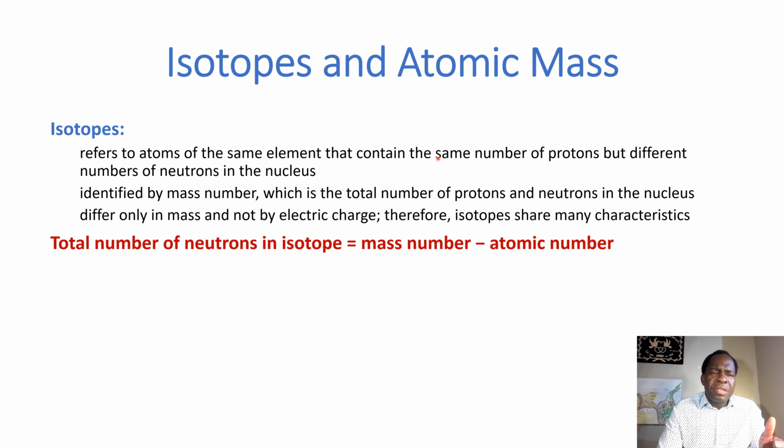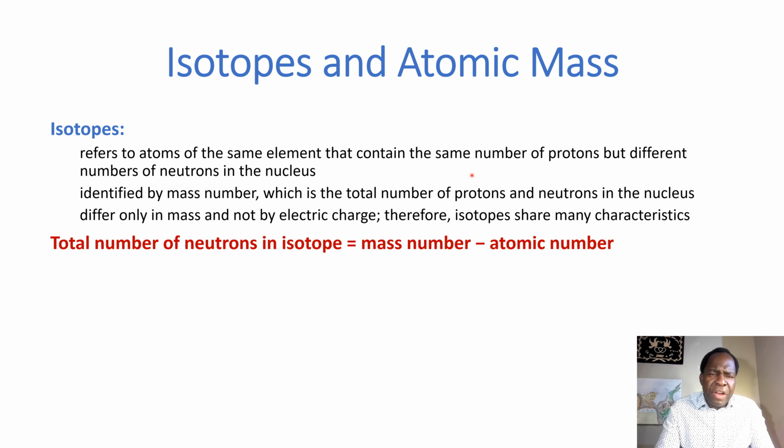Isotopes refer to atoms of the same element that contain the same number of protons but a different number of neutrons. Isotopes are also identified by mass number, which is the total number of protons and neutrons in the nucleus.